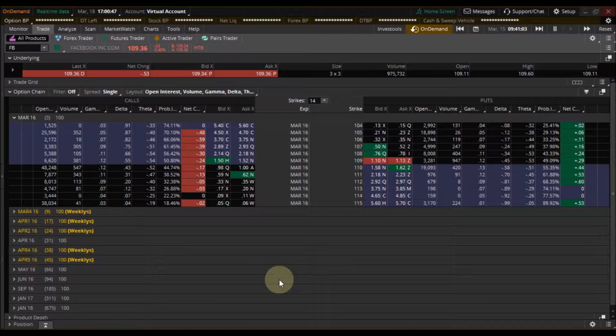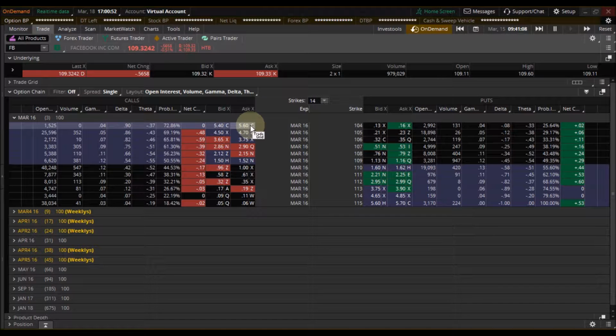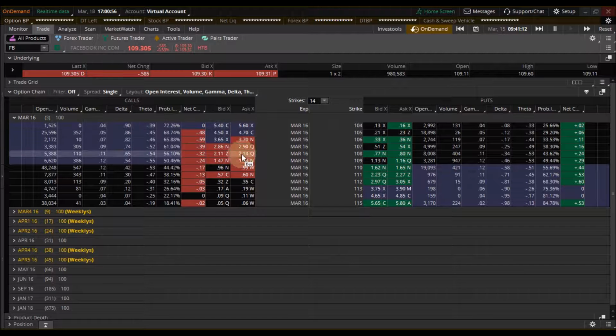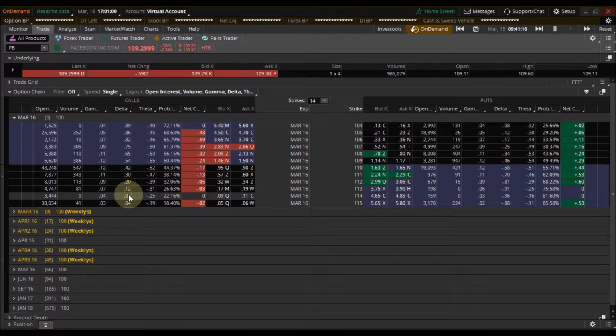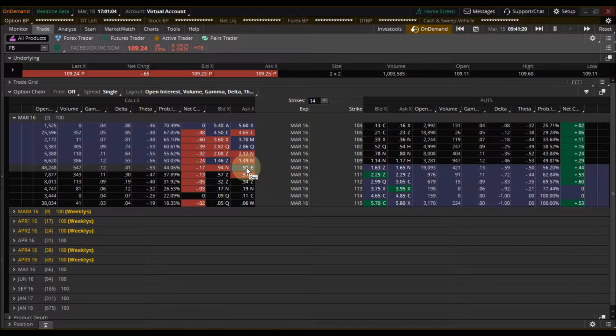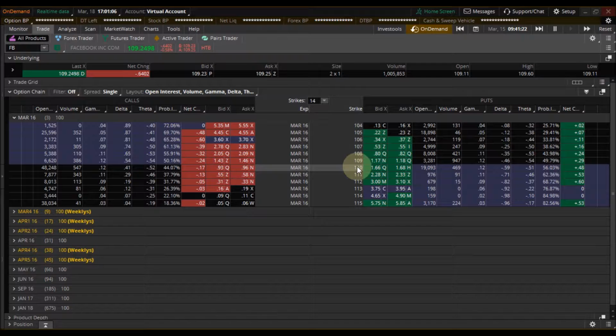All right. When it comes to in the money options, they are going to be these up here, the ones that are grayed out. At the money will be this one right here, pretty much at the price of the stock.